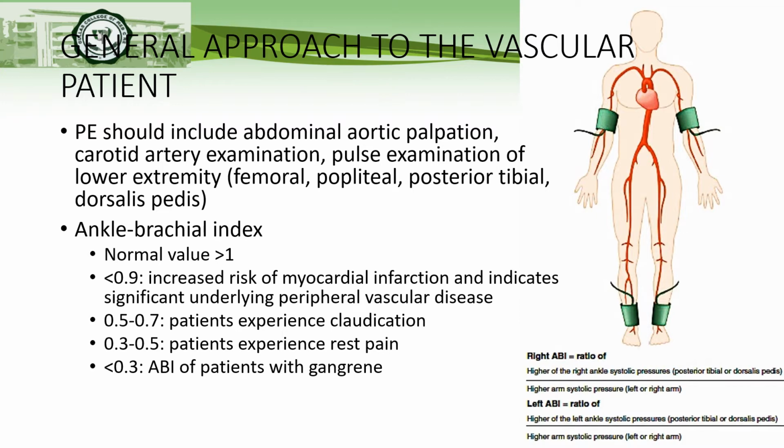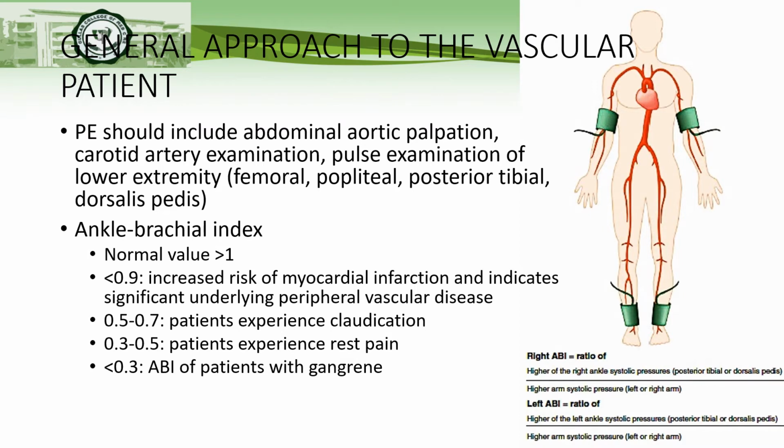There is increasing interest in the use of the ankle brachial index or ABI to evaluate patients at risk for cardiovascular events. Normal value is usually greater than 1, and patients with an ABI of less than 0.9 correlates with an increased risk of myocardial infarction and indicates significant underlying peripheral vascular disease.